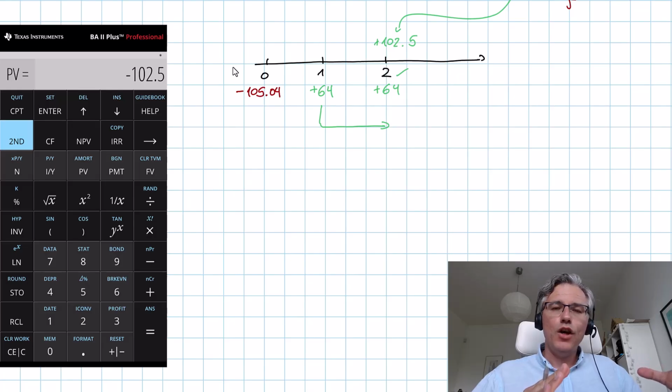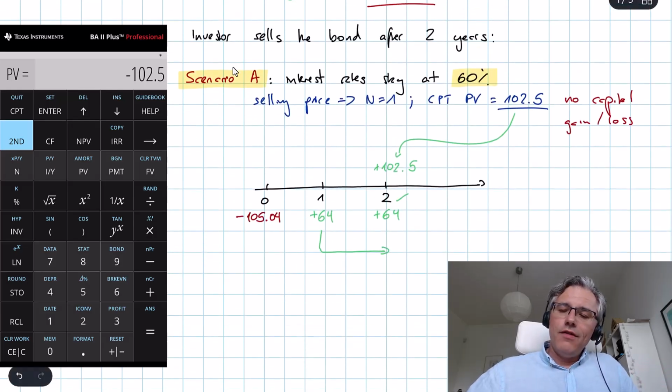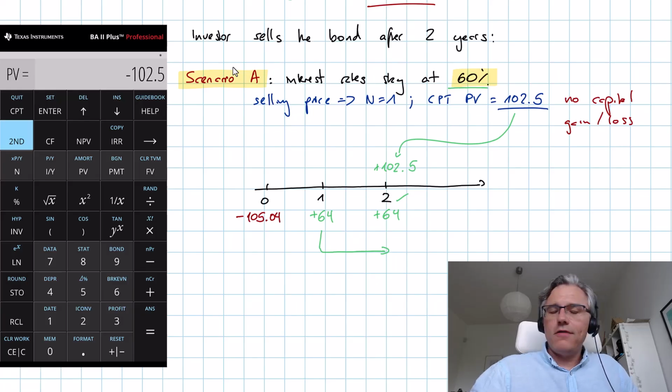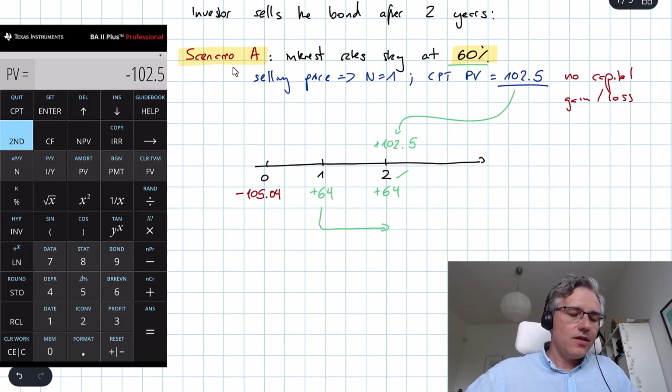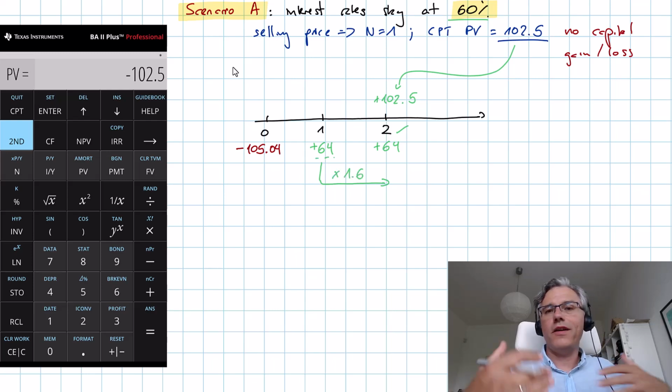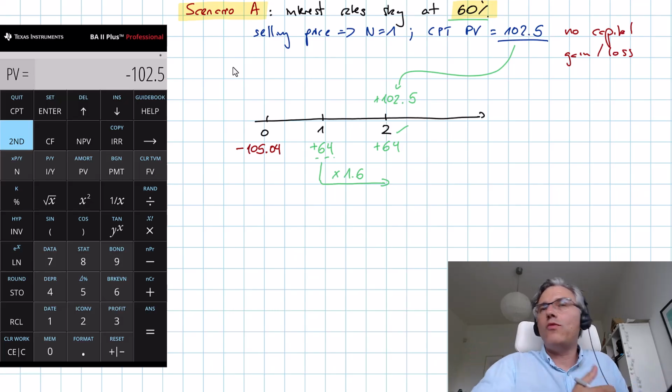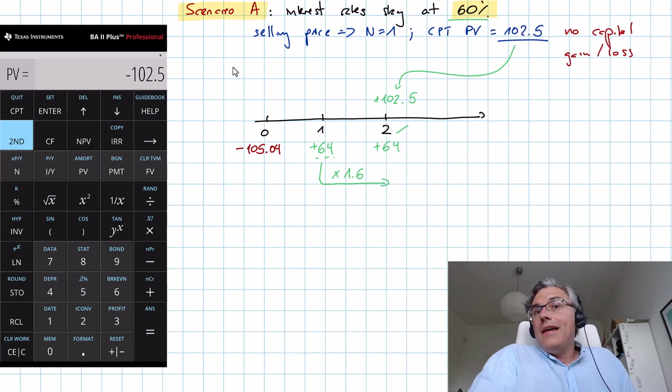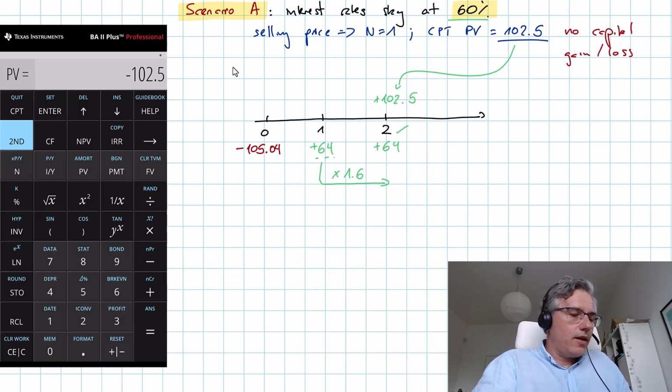Given that interest rates throughout stay at 60%, this coupon of 64 will grow by a factor of 1.6 if it is reinvested until the end of year 2.